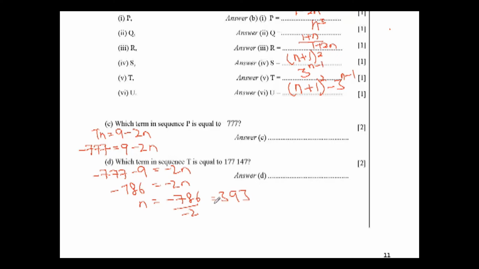It means that the 393rd term is equal to negative 777. So the answer for part C is 393.